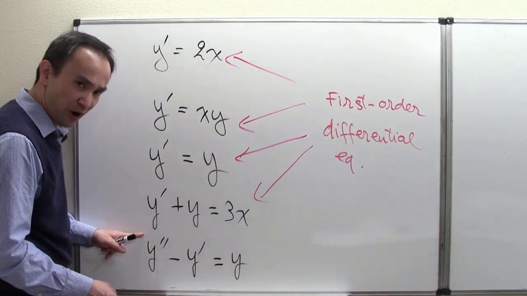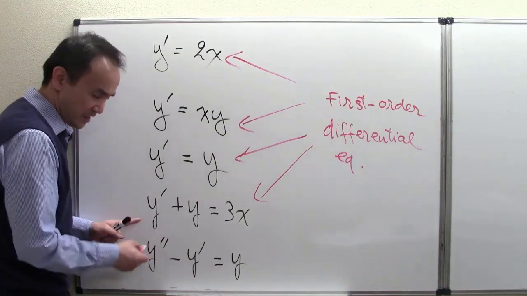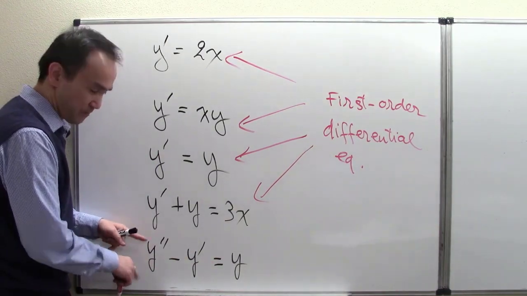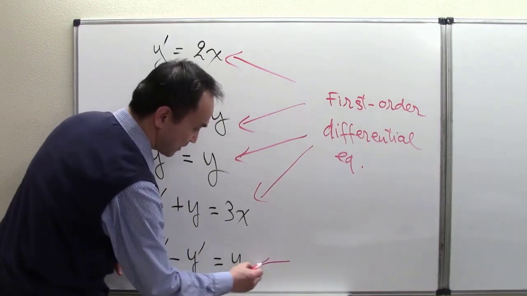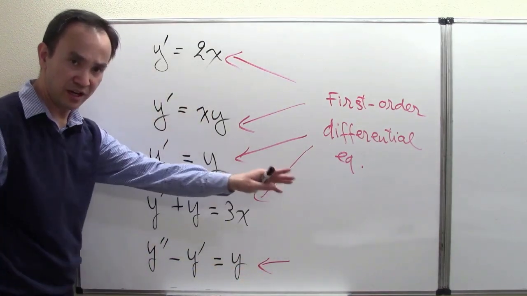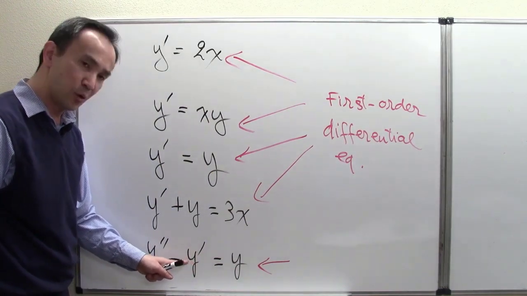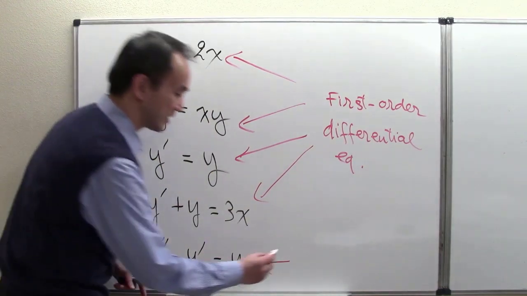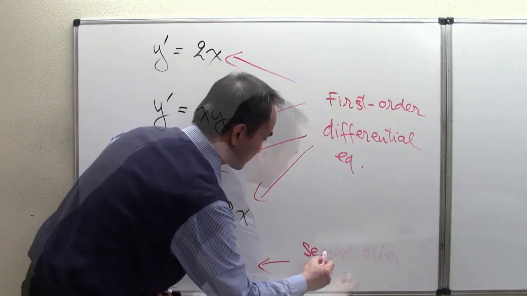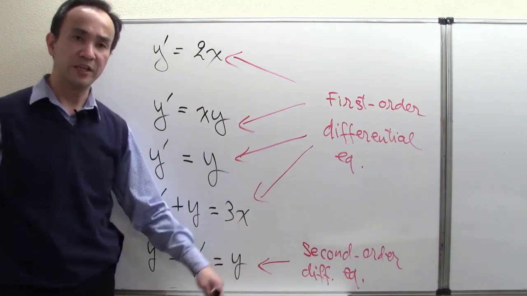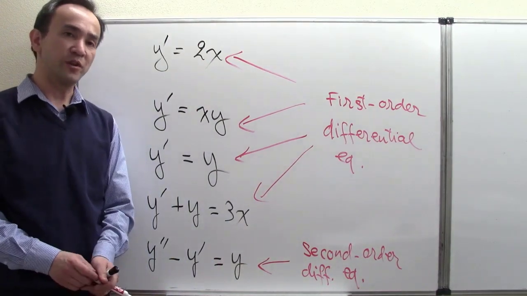The highest derivative order involved here is the second order. So when you enroll in a formal differential equations course, this one is regarded as a second order differential equation.